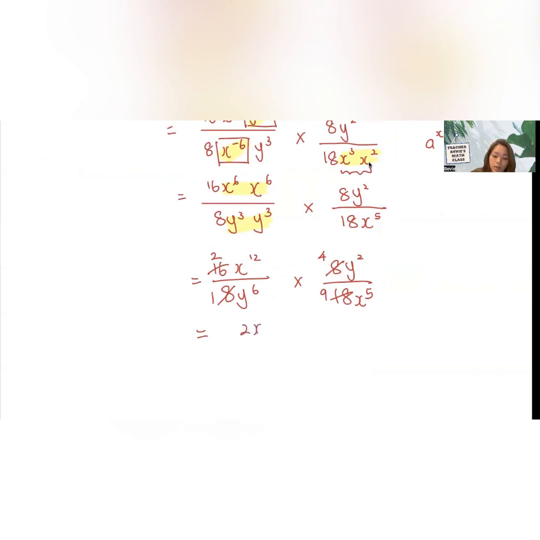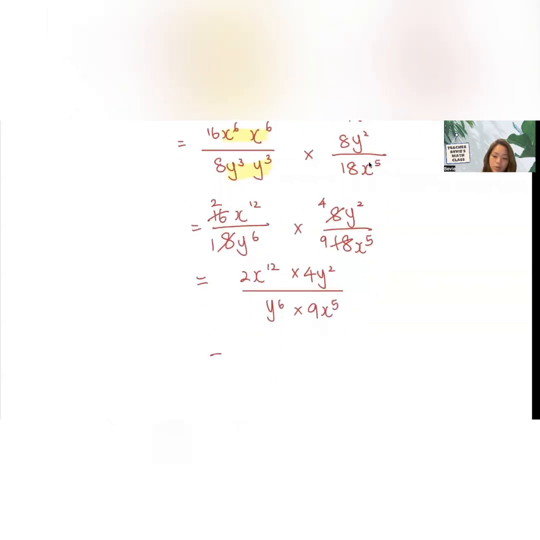2x^12 times 4y^2 over y^6 times 9x^5. Okay, so 4 times 2, that gives me an 8. x^12 y^2 over 9 x^5 y^6.